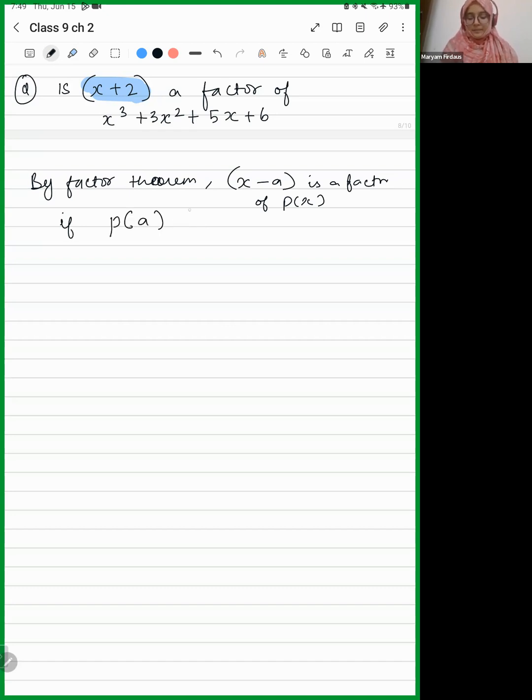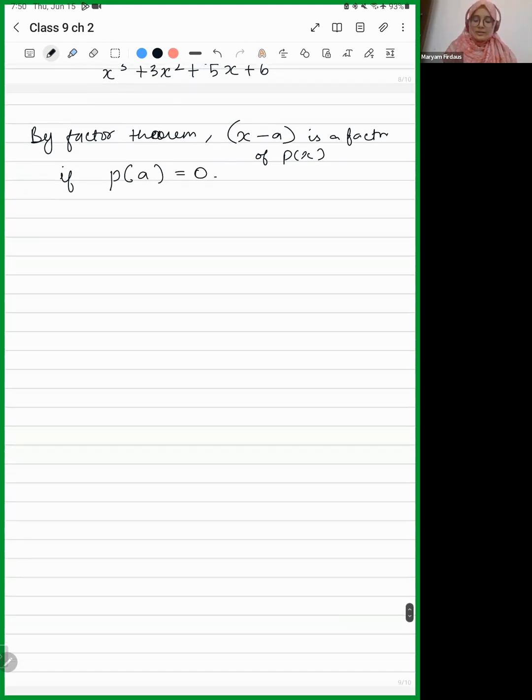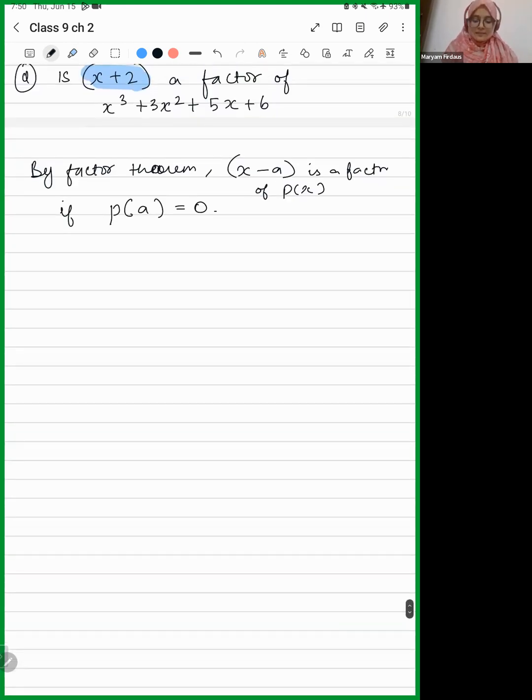So here, what is a? Looking at this, minus 2. So let's find P of minus 2.